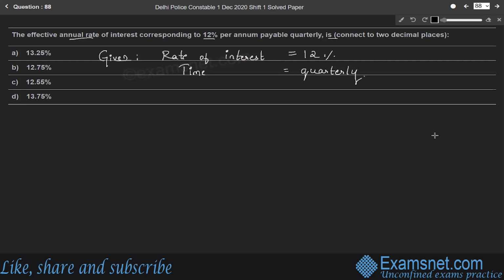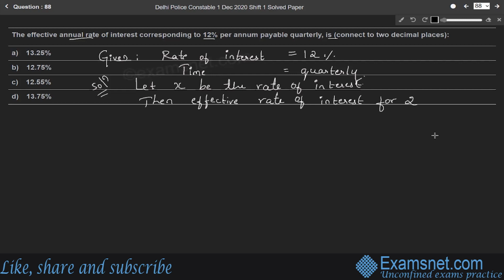Therefore, let X be the rate of interest. Then the effective rate of interest, instead of 2 years, we take for 2 periods.